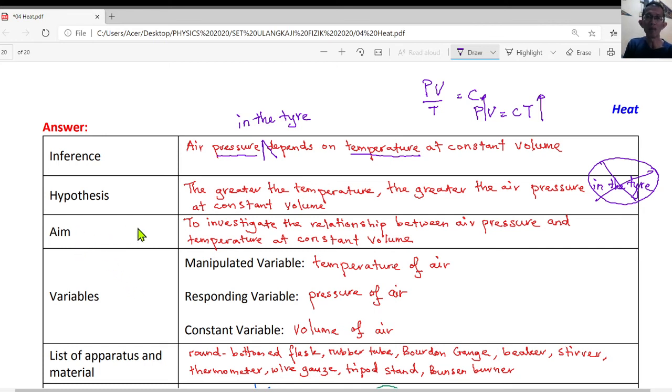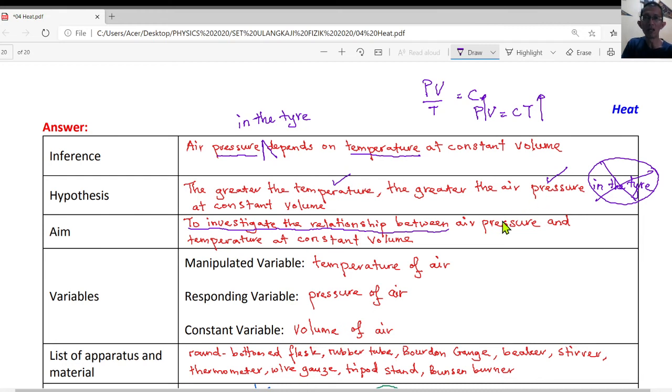Now the aim. For the aim, we always write this one here: to investigate the relationship between, between what? Between the variables that you have mentioned in the hypothesis. The variables you mentioned are the temperature and the air pressure.